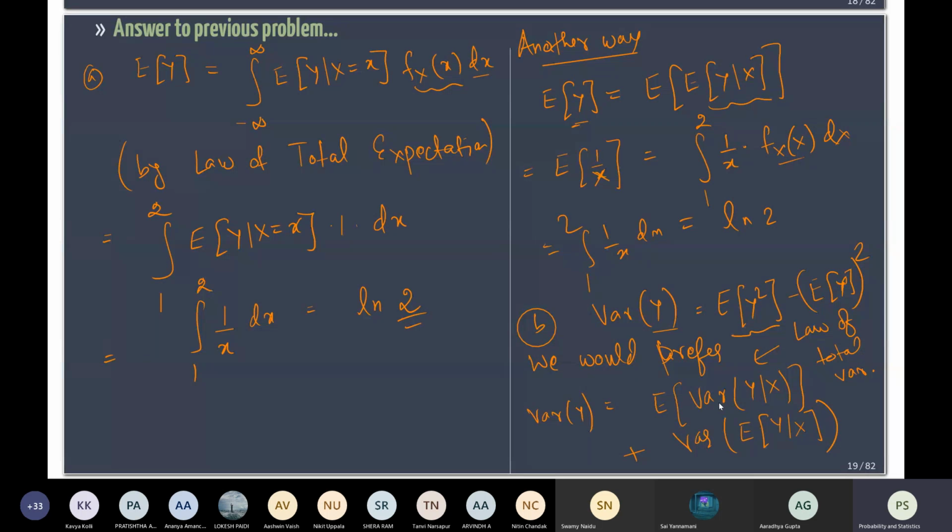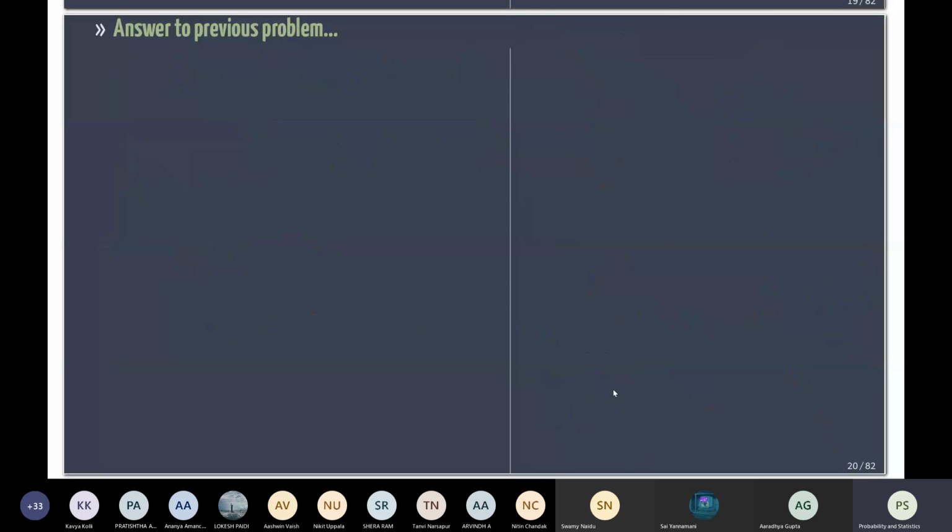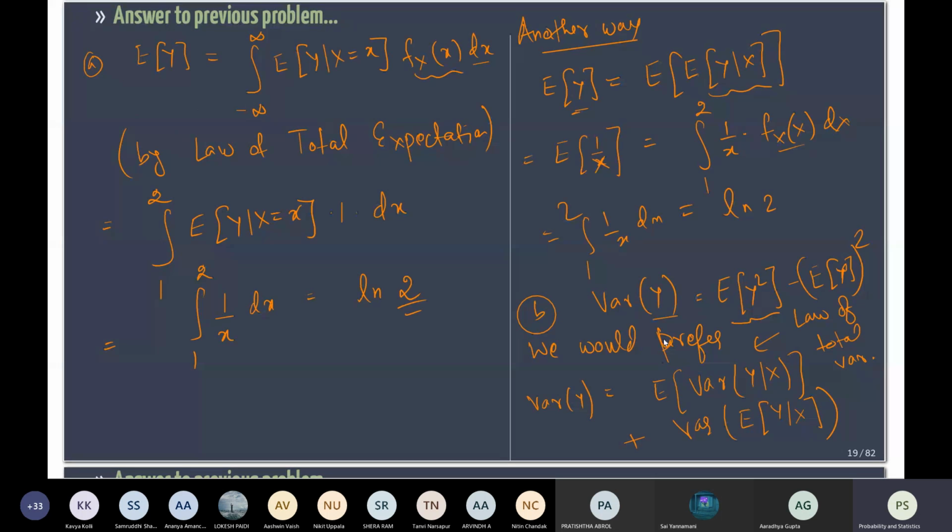So this is 1 over x squared, and then the expectation of that. So we have the variance of y, which is the expectation of the variance of y given x, that is 1 over capital X squared, plus the variance of the expectation, and the expectation of y given x is 1 over x.